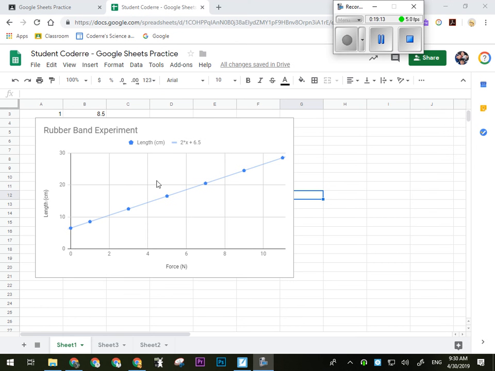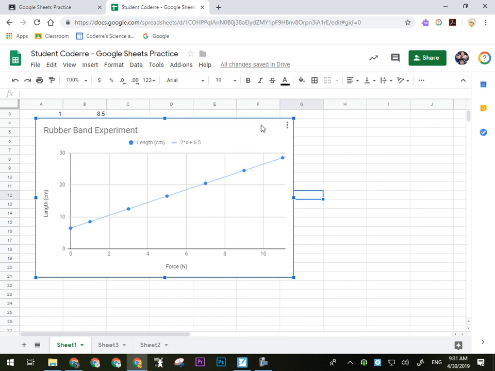If you paste this into a Google Doc, it'll ask, do you want to link it? You do, because that way if you go back and make any changes, it automatically changes the graph in your lab report without you having to recopy and paste. So you would want to link it so that any changes you make would be changed in your final lab report.